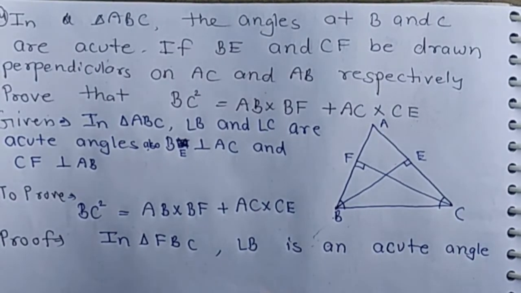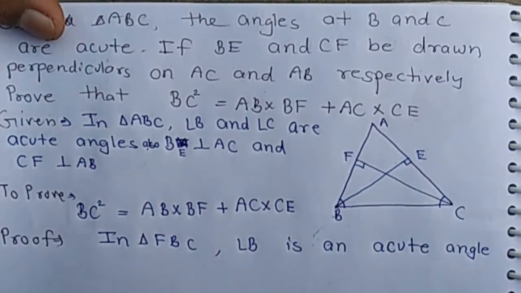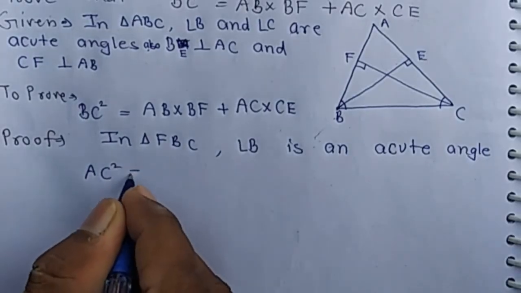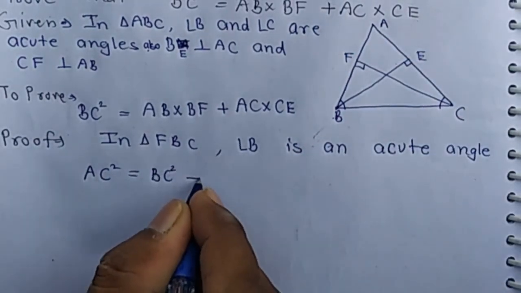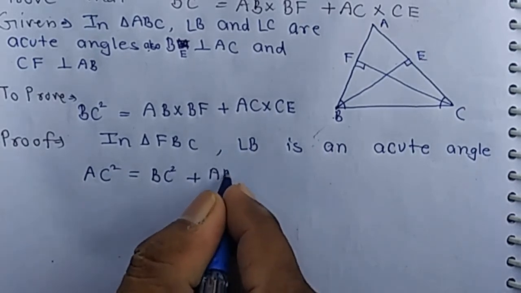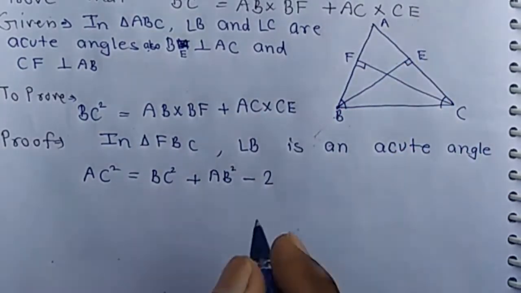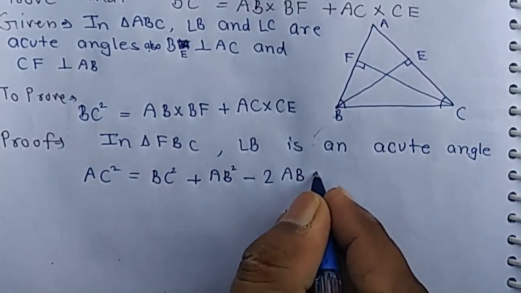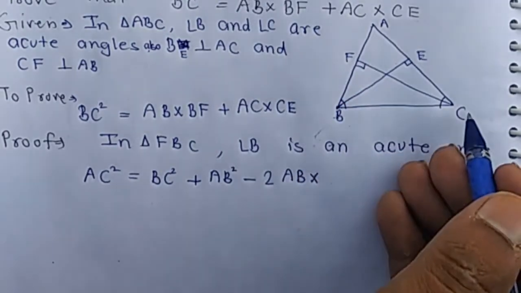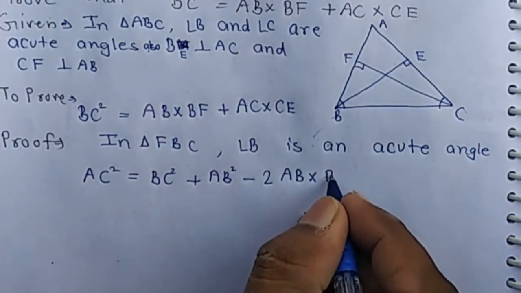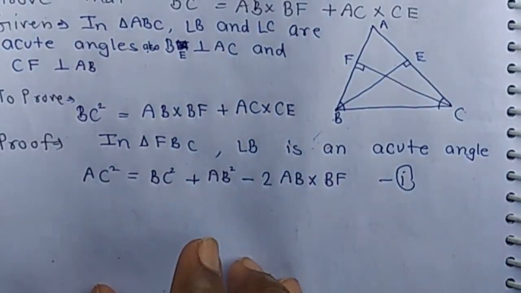Then by acute angle triangle theorem, we have square of opposite side, means AC square is equal to square of other two sides, BC square plus AB square minus 2 BA, means AB into distance of B from foot of perpendicular from point C, which is BF. It is equation 1.